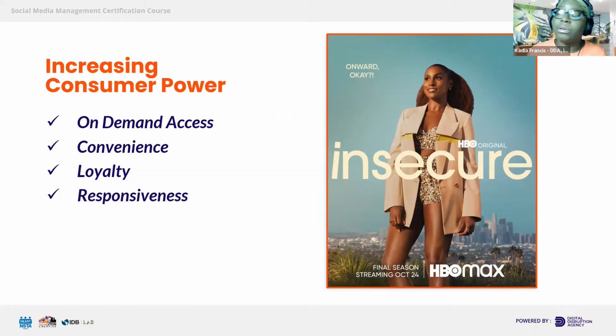Responsiveness as well. People want you to respond to them. If I send you a message, your JPS, your Flow Digital, whoever, I expect you to respond within a reasonable time. You have to be responsive, especially if you're an online business, or if you have an online presence. What's the point of you being on social media, having a website, if I can't instantly connect to you and get you to respond to a query?